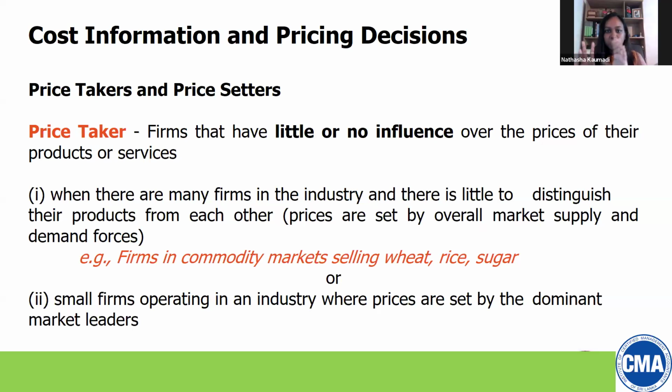That market share is owned by that market leader, and that market leader will set the price. But you being a very small company having a very low market share, you won't have the power to influence the price, to set your own price. You will have to take the price of that market leader. So little or no influence over the price for price takers, right?